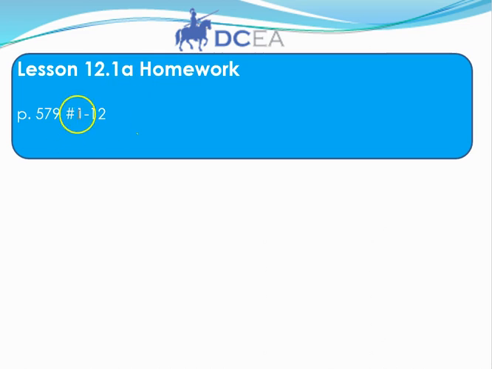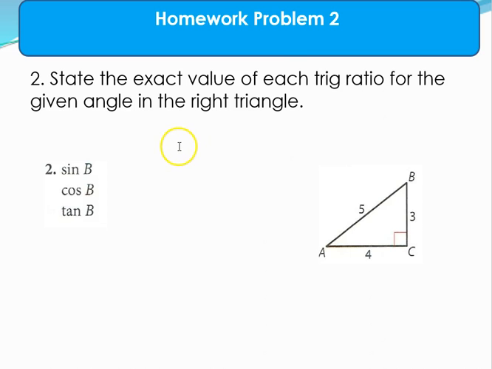For 12.1a, you will be doing numbers 1 through 12, and let's take a look at a few examples. So homework problem number 2 says state the exact value of each trig ratio for the given angle in the right triangle. So let's first state what our ratios are.